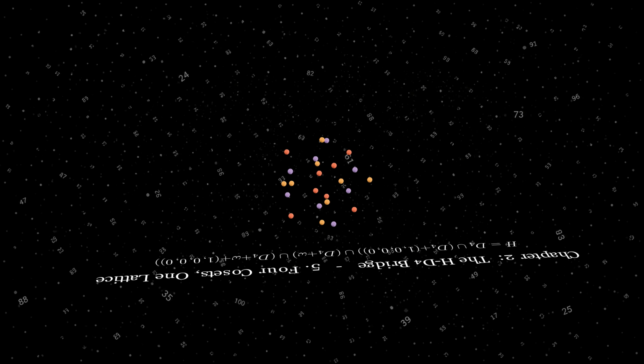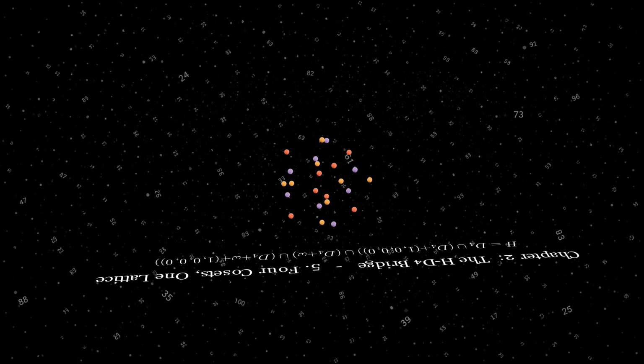This gives D4 plus omega plus (1, 0, 0, 0). And now the entire Hurwitz lattice can be organized into four cosets: D4, D4 plus (1, 0, 0, 0), D4 plus omega, and D4 plus omega plus (1, 0, 0, 0). Four families. One lattice. This is the structure that was hidden inside the mixture of integer and half-integer coordinates.